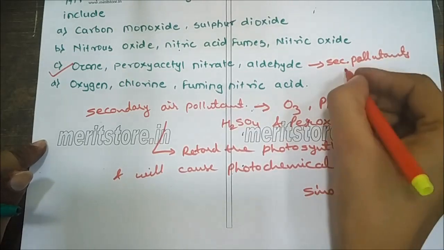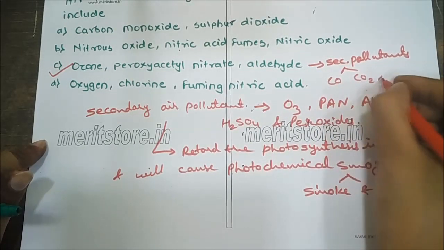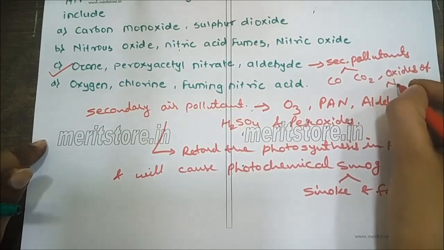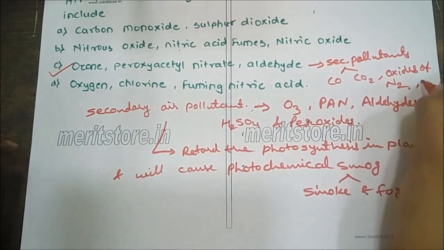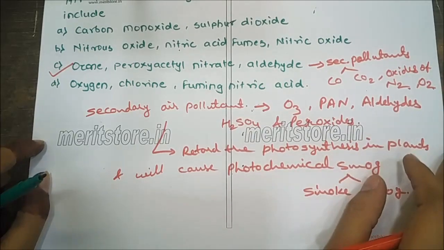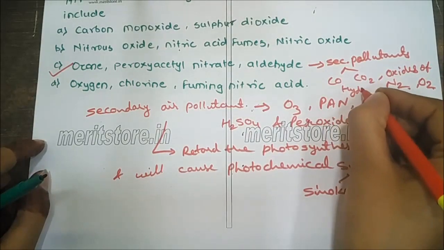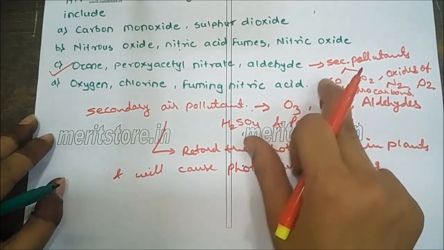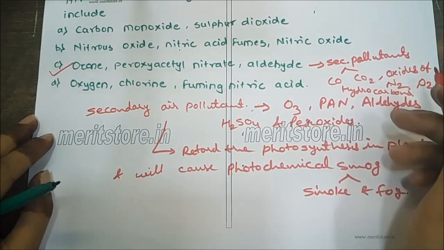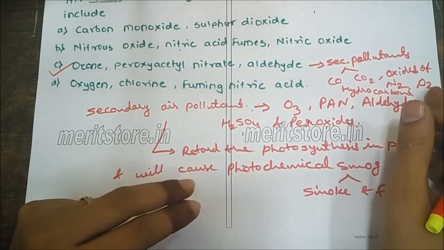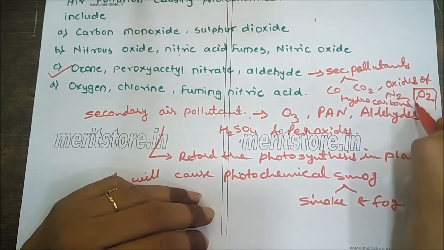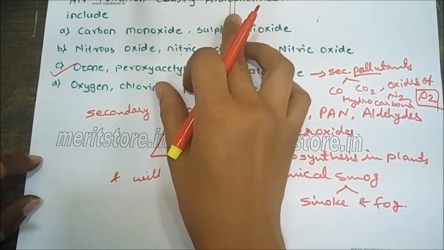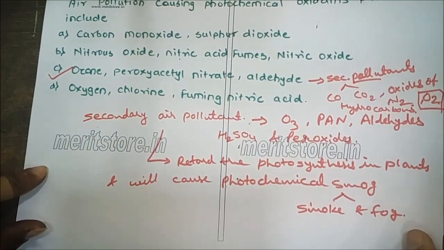They are made from carbon monoxide, carbon dioxide, oxides of nitrogen, and hydrocarbons, which react with oxygen and produce the secondary pollutants that cause the photochemical oxidants production.